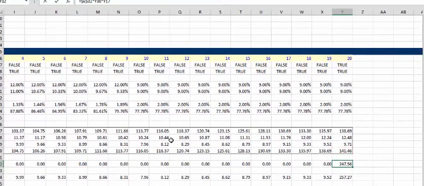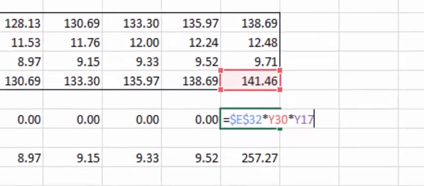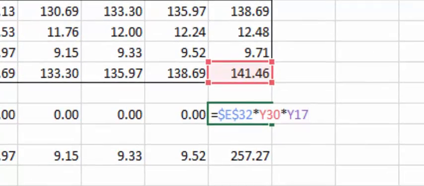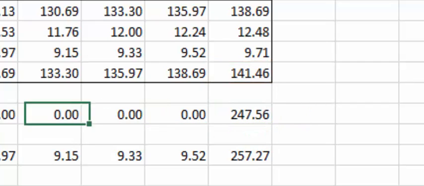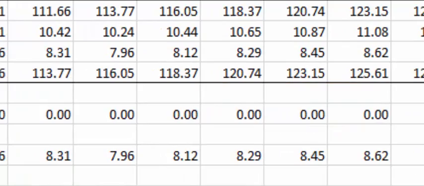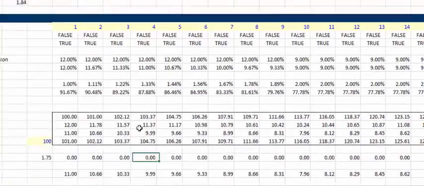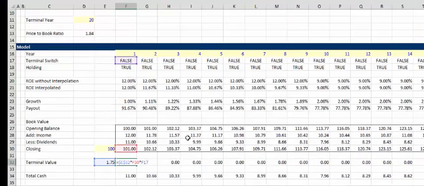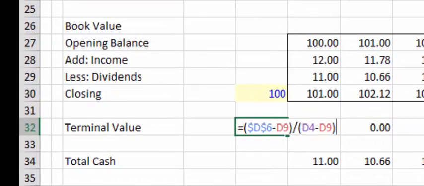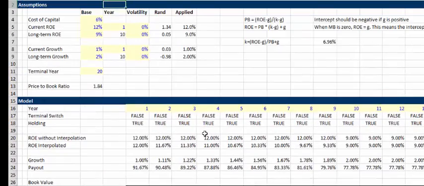And for our terminal value, we can just take the final book value of equity. The terminal value is the ROE minus G divided by K minus G, and this one we just use the final numbers for the terminal value.